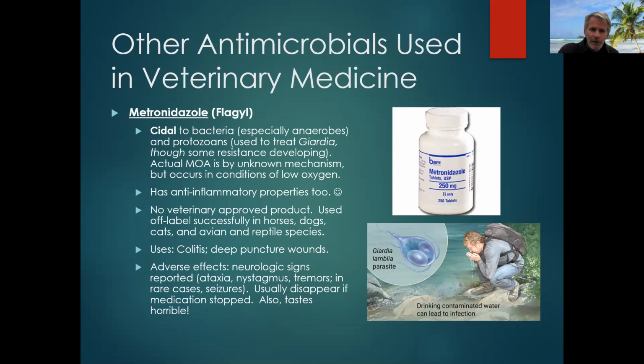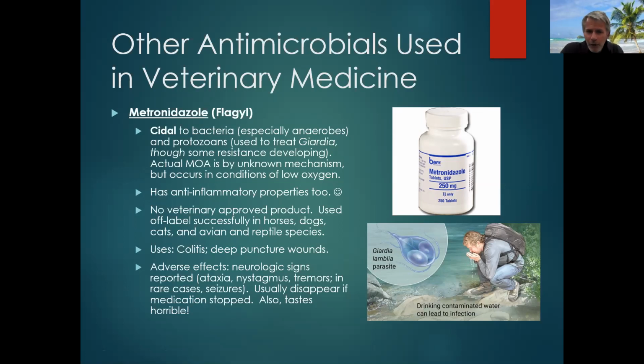It can also kill protozoans, so we use it to treat giardia. And that, you remember, is that little protozoa with the little flagellum, which I think is why metronidazole gets the name Flagyl. But you and I can get giardia from drinking contaminated water. Same with dogs and cats and other animals.